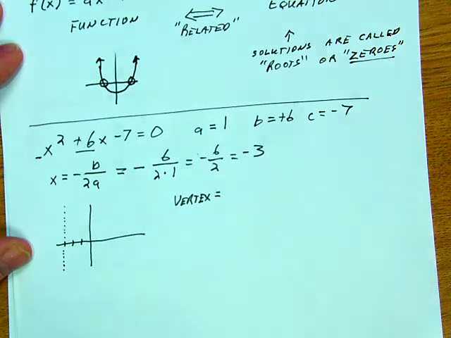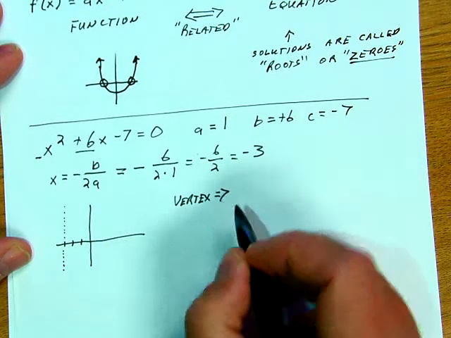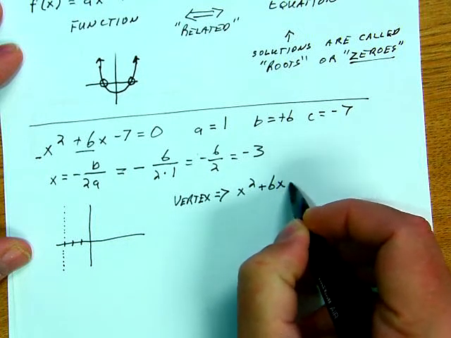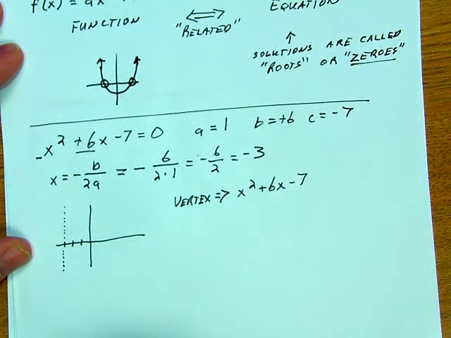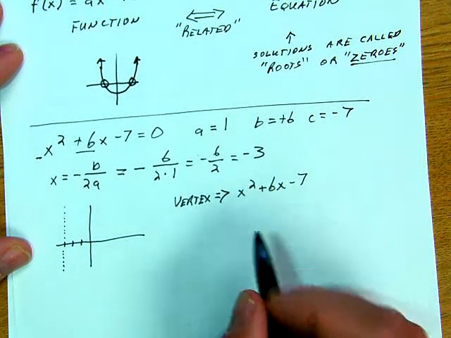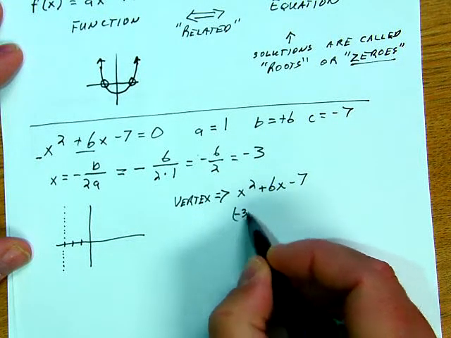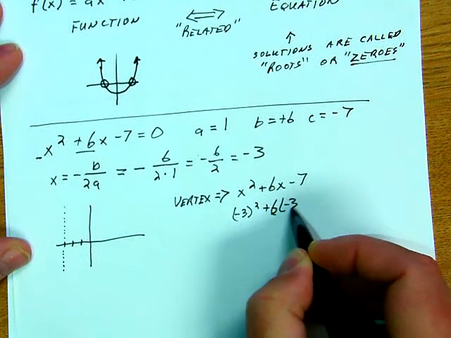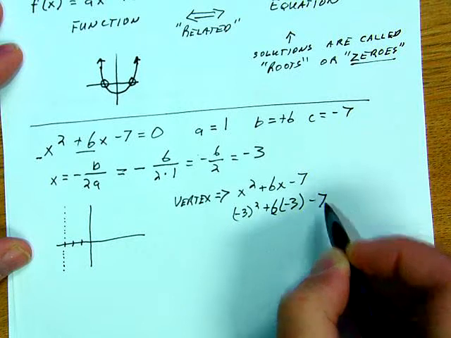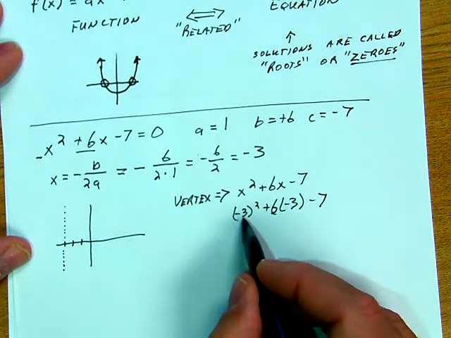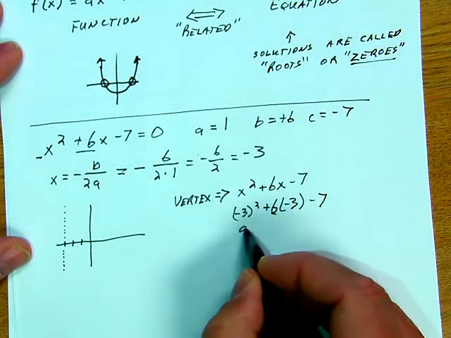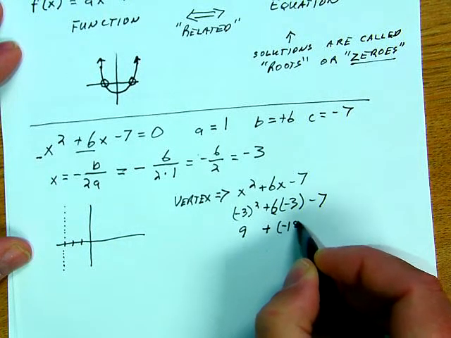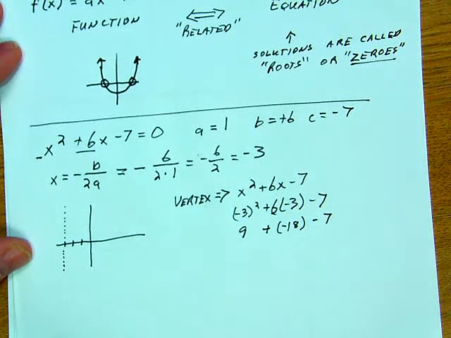The vertex is found by taking your equation, x squared plus 6x minus 7, and plugging in the negative 3. So I get negative 3 squared plus 6 times negative 3 minus 7. Negative 3 times negative 3 is positive 9, plus negative 18 and negative 7.